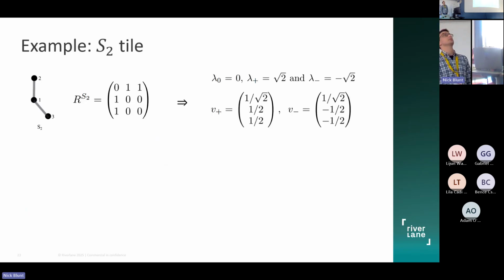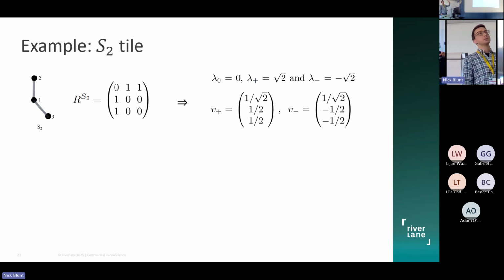So to show an example of this, this is the tile that we were just using for the hexagonal lattice. And note that I've used a very particular ordering here where the first side is first. And the reason for that I'll come back to on the next slide. And we can go ahead and diagonalize this adjacency matrix. And one thing to note is that one of the eigenvalues is 0, and this is actually going to simplify the implementation.